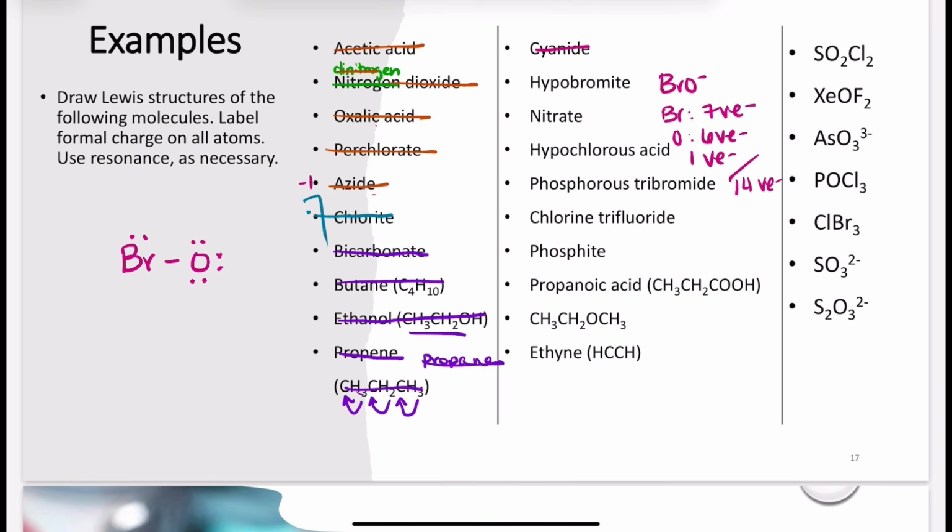I've used up 8 so far, 10, 12, and 14. Now, if I check the formal charge, bromine is a halogen. If halogens have one single bond and 3 lone pairs, they have a 0 formal charge. Oxygen, 6 valence electrons, minus 6 electrons in lone pairs, minus 1 for the bond, gives me an overall -1 charge on the oxygen, and the hypobromite has a -1 charge. This is the correct Lewis structure of hypobromite.